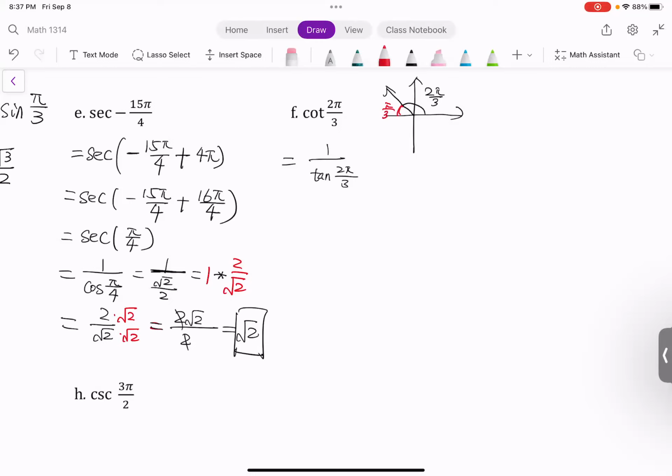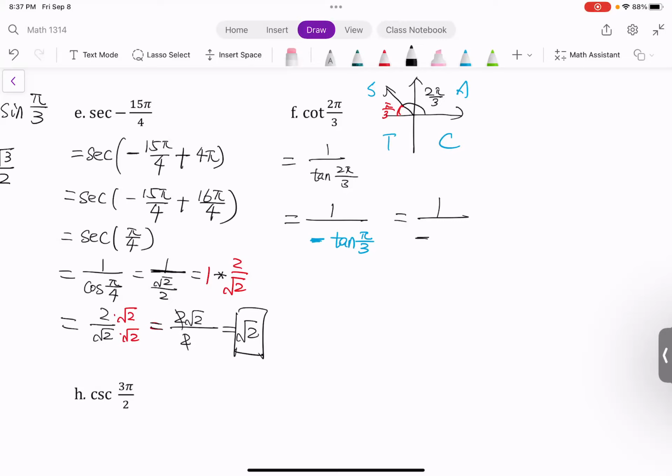So in the second quadrant, is tangent negative or positive? ASTC: tangent says, I'm negative in the second quadrant, so I'm having a negative sign. And then I'm having tangent of its coterminal pi over 3, and then 1 over negative.